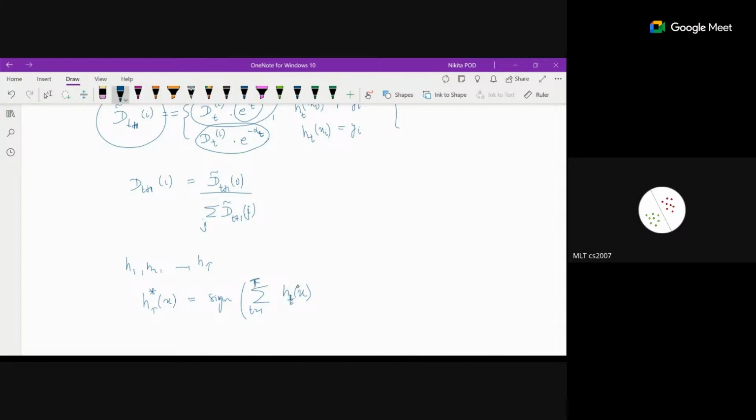But now you will multiply this h_t(x) with this weight alpha_t. So in boosting, this is the final classifier.